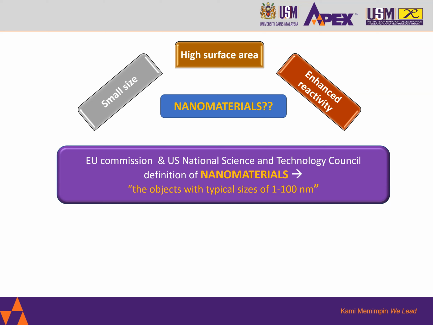Others put the upper limit up to 250 nanometer, and some suggest a weight-based threshold for the size distribution for the definition of nanomaterial. So as part of the activities in this module, at the end of the video, please write in the comment section, what is nanomaterials in your own words.